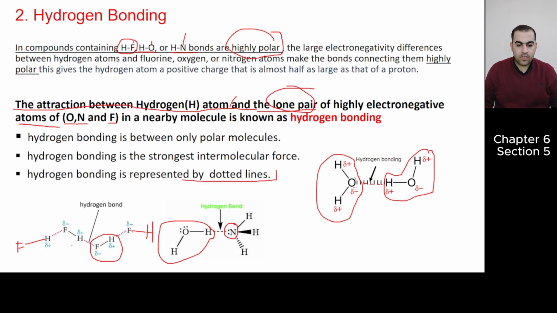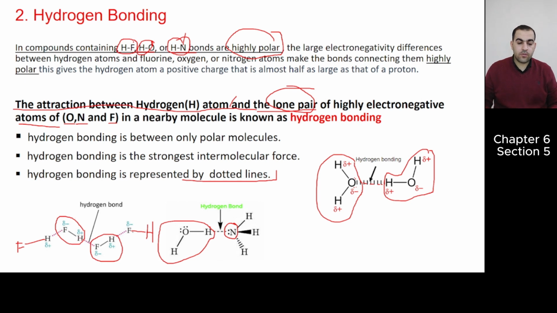So the attraction between fluorine and hydrogen in another highly polar molecule happens between two polar molecules, and the polar molecule must contain hydrogen with fluorine, oxygen, or nitrogen.